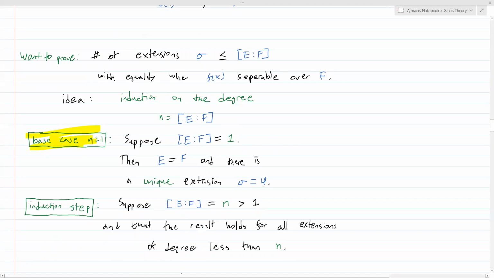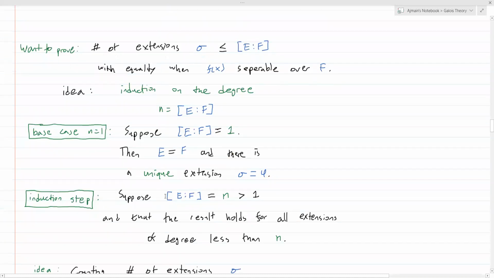The degree of the extension is equal to 1. So suppose the degree of the extension E over F is equal to 1. Then E and F are the same field, so there is a unique extension of the isomorphism phi to sigma, and it's equal to phi. So the base case is easy. Degree 1 extensions have unique extensions of isomorphisms.